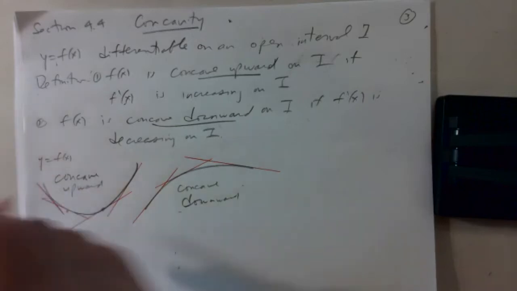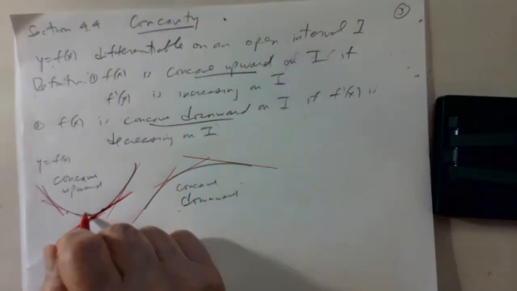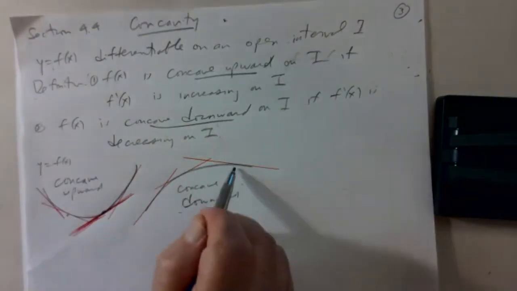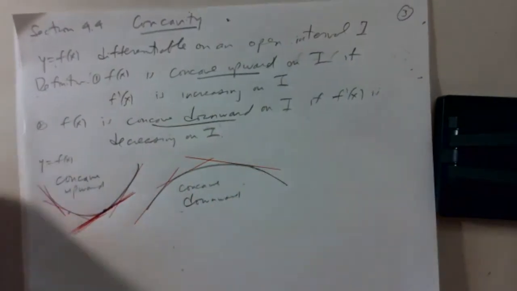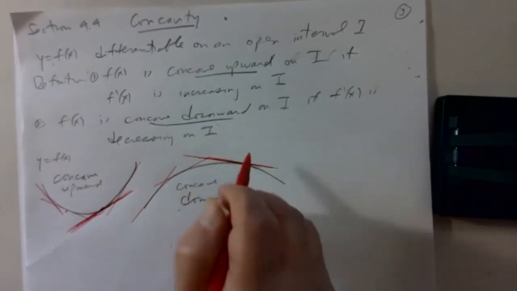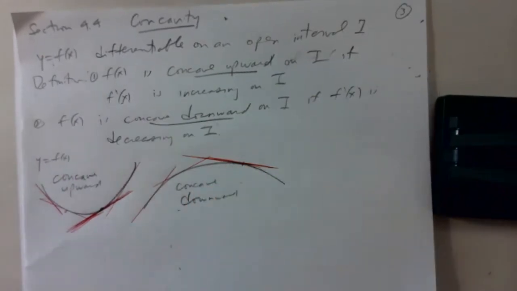So here's a tangent line, and around this point where the curve is tangent to the line, the curve's above the line. Here, this is concave down. Here's the tangent line, and around this point of tangency, the curve is below the tangent line. So that's a very good way to picture what concavity means.